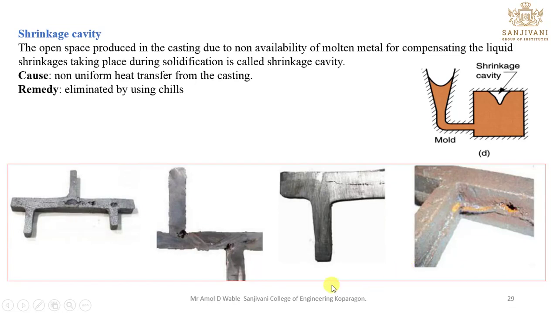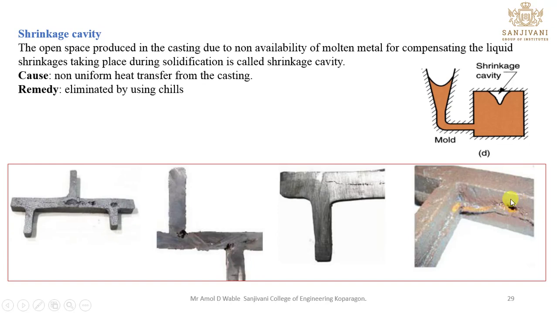Then shrinkage cavity or shrinkage defect. Here you can see, due to the shrinkage, a crack has been generated, as there is no good directional solidification. Your component has shrunk, and due to that shrinkage, space has been formed; it is called a shrinkage cavity.